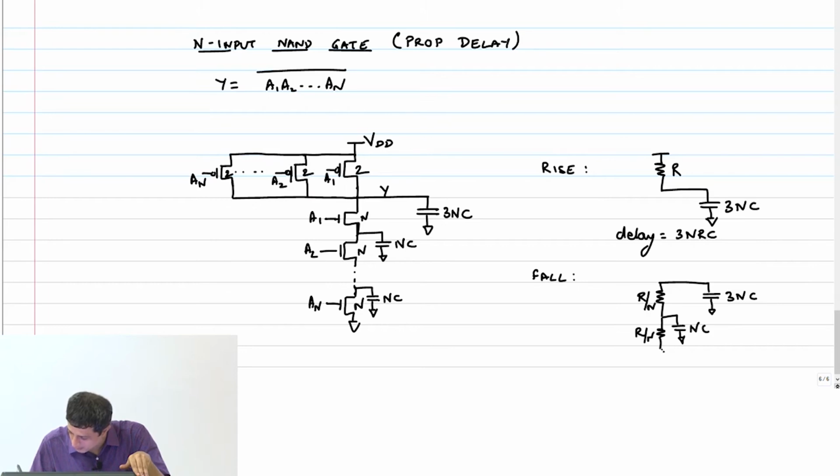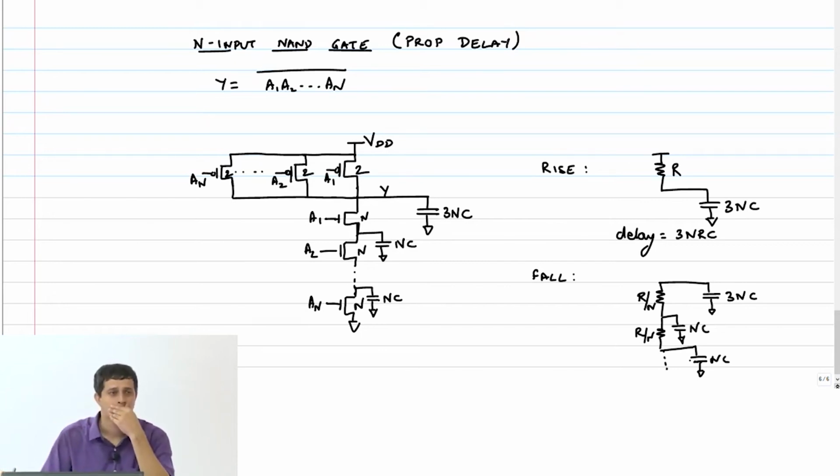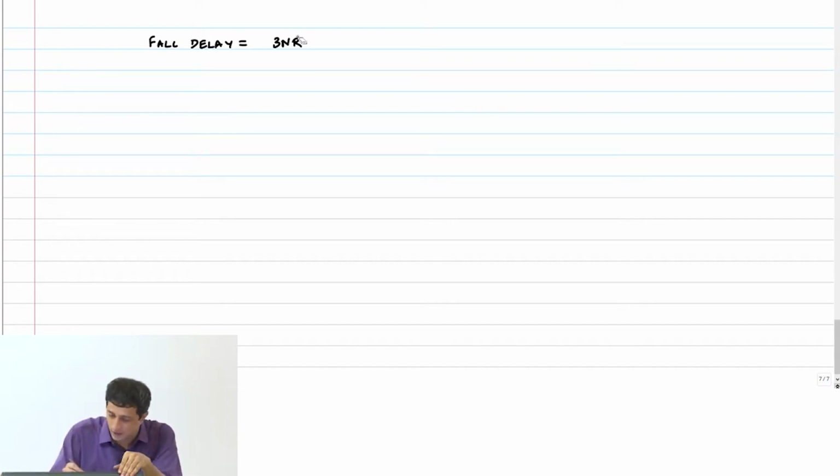R by N, and so on. So what do you get as the final answer? You will get 3NC, right?